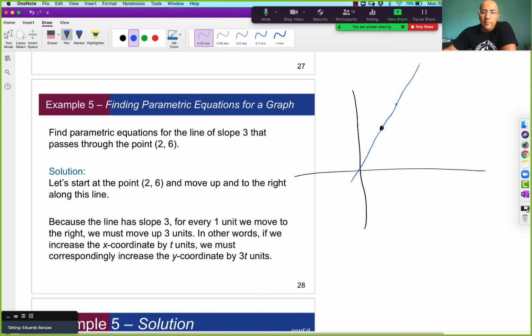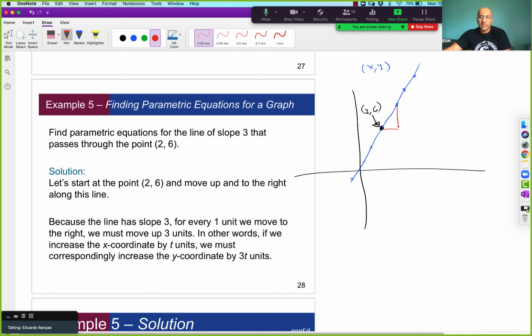Okay, so remember that every dot on here is an ordered pair, and in rectangular coordinates, it would be x comma y points. And one of those points is the point 2 comma 6, since that's that point right there. So we need to come up with an equation for the x and an equation for the y that maintains this relationship. And that relationship is determined by the slope.